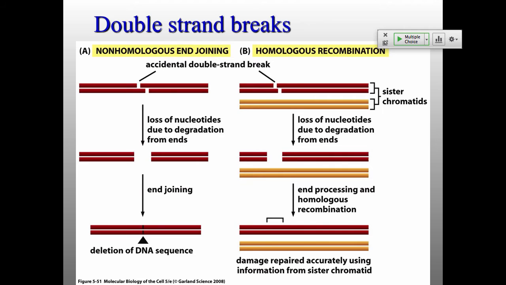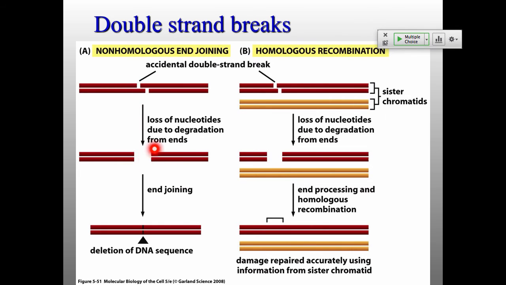Non-homologous end joining is pretty straightforward. Again, you have this cut which has happened somehow, ionizing radiation, and we'll take a quick look at some of the other ways you can get double-stranded breaks. It actually happens quite frequently in DNA. In non-homologous end joining, you have proteins that bind to the ends, exonucleases that chop in at the ends.